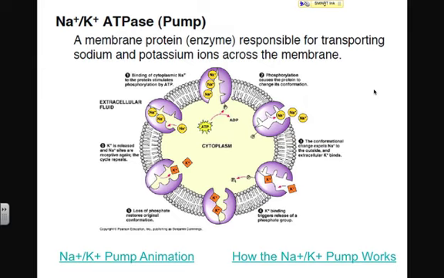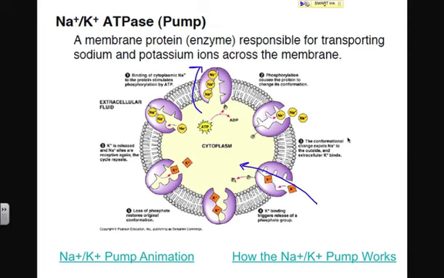Because we're dealing with active transport, there must be more sodium ions on the outside of the cell than on the inside. Thus, we're moving sodium from where it's less concentrated to where it's more concentrated. And in the case of potassium, there must be more potassium on the inside of the cell compared to the outside, so we're moving potassium from where it's less concentrated to where it's more concentrated. But that process requires energy.